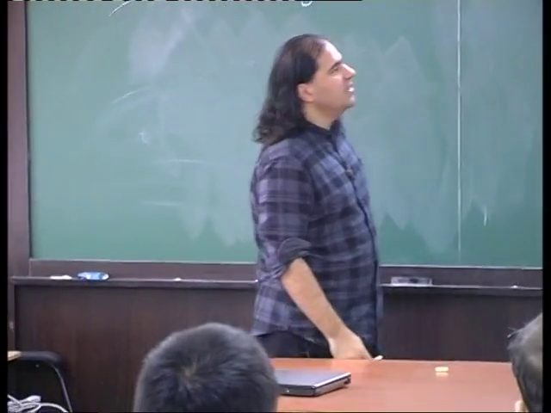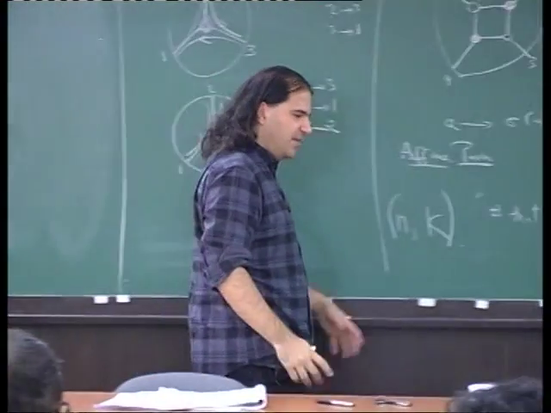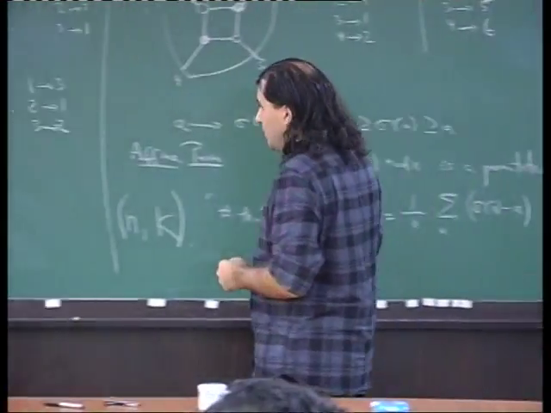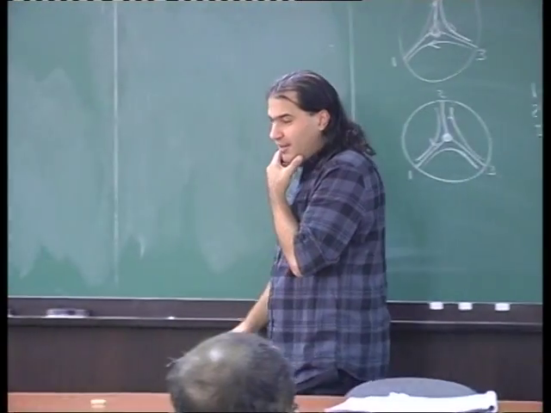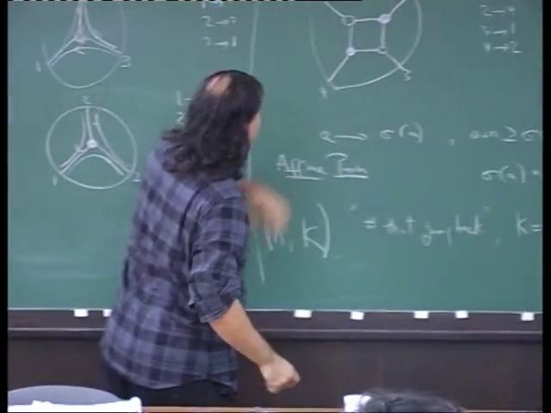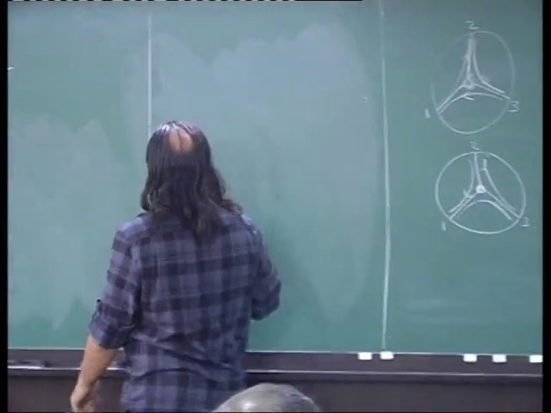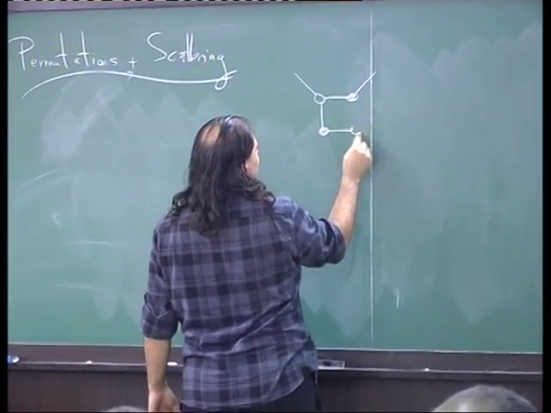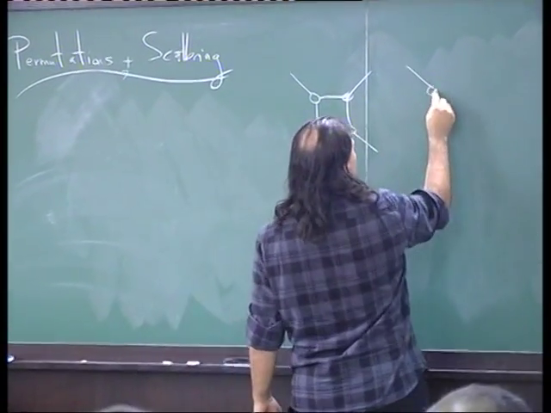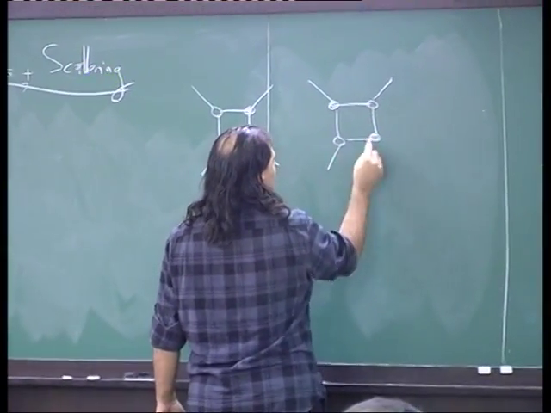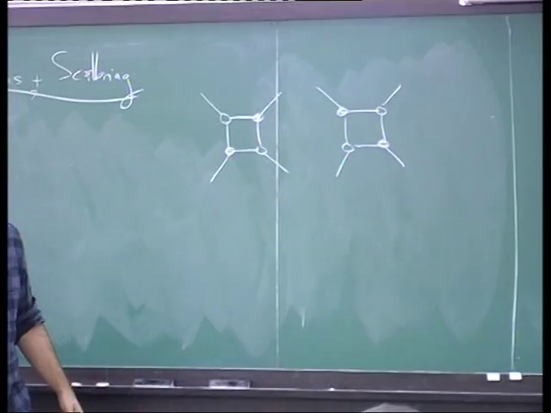But secondly, even when you have the most minimal, the smallest number of faces, there are still redundancies. And we can see the redundancies already here. For instance, if you take this square and the square of the opposite colors, they give you exactly the same permutation.